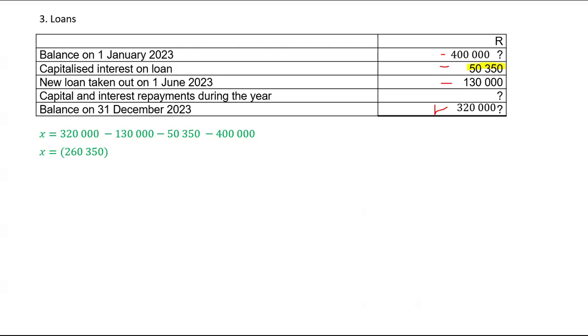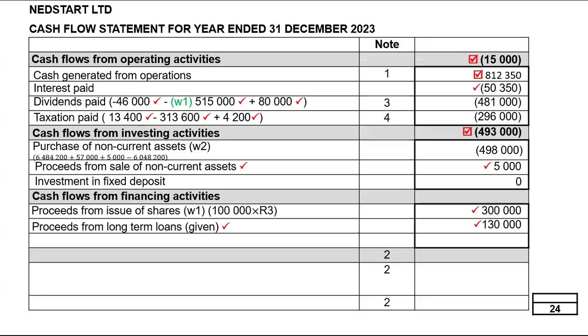So you need to take that 260,350 and minus the interest component, which is that 50,350, okay? Because if you put it as 260 under financing, it means that the 50,350 has been included twice, has been paid out twice, and that is incorrect. So when you record it in your cash flow statement, you will take the 260,000 and then add the 50,000.